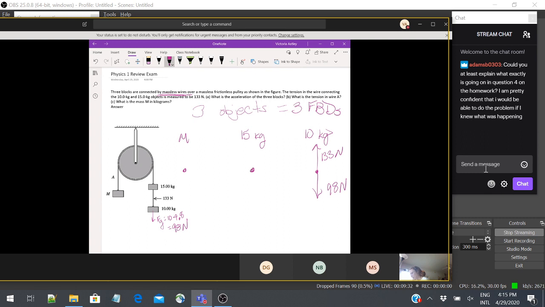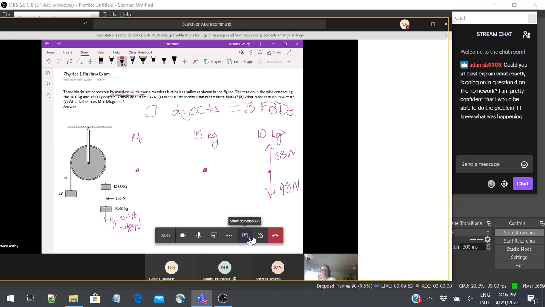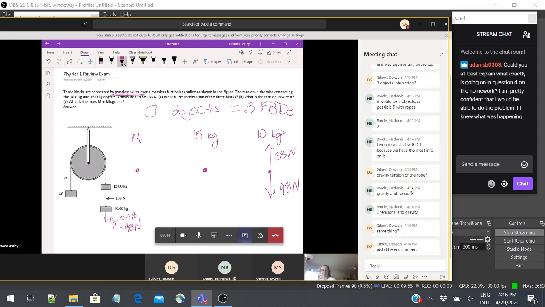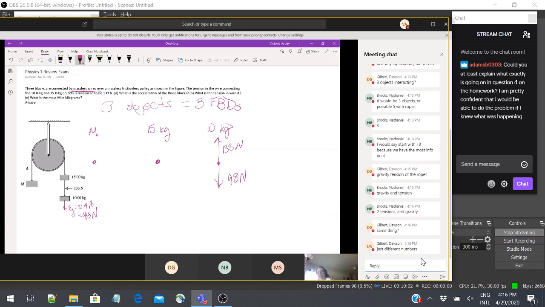What about the 15 kilogram? What are the forces on that? That's easier. 2 tensions and gravity. Yep. So we have the 133 is now downward.